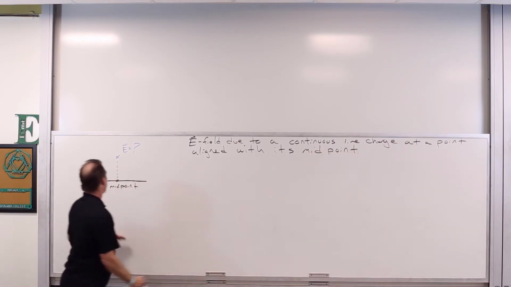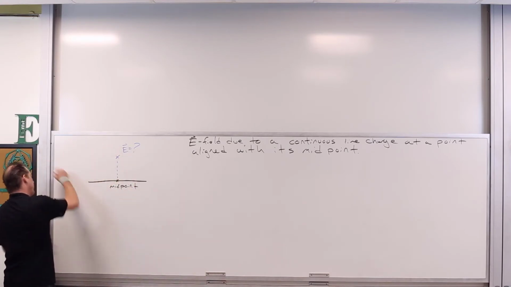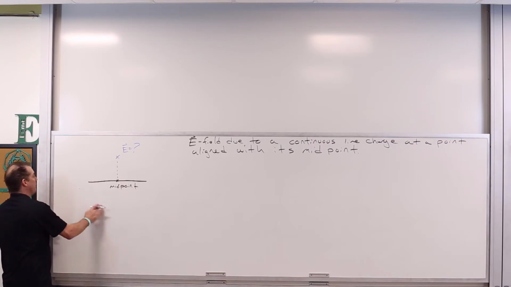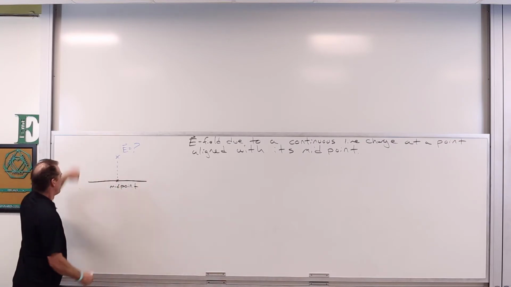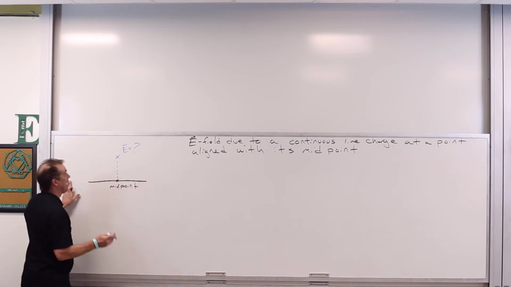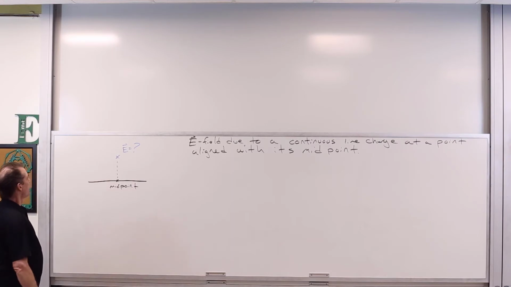So in this orientation, that would either be above or below. If the line was like this, it'd be to the left or the right. We could have the line in a diagonal, but it's 90 degrees with respect to the line, and aligned with the midpoint. So there we go. We want to know what the electric field is.